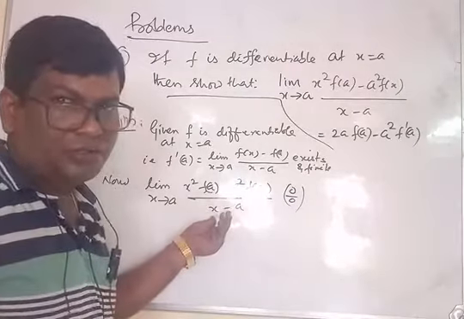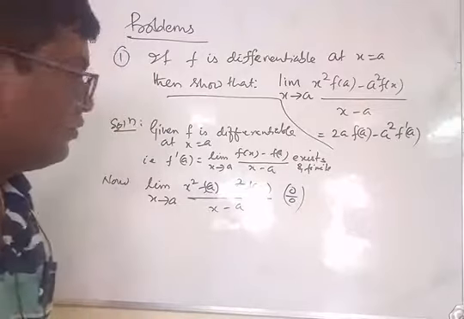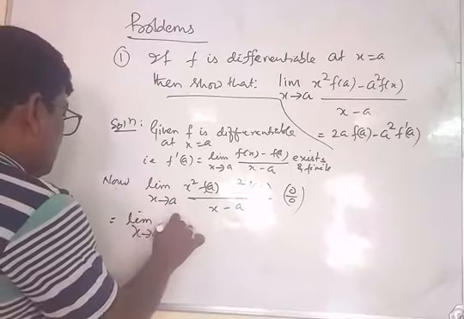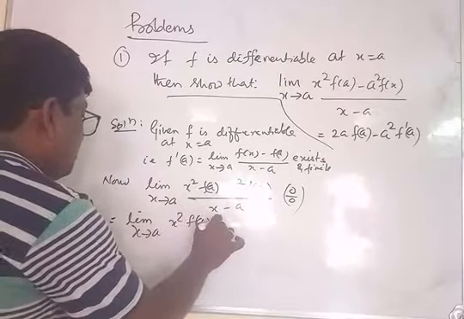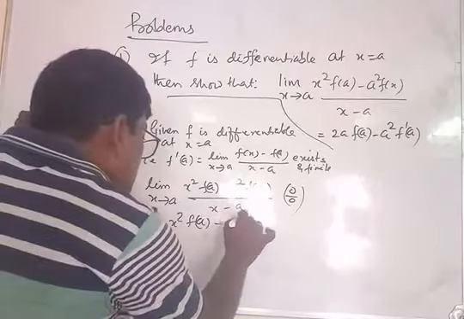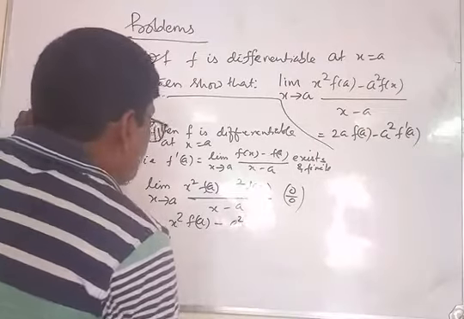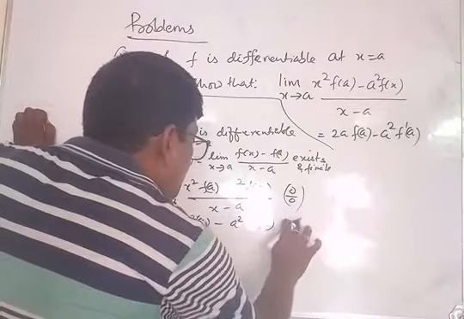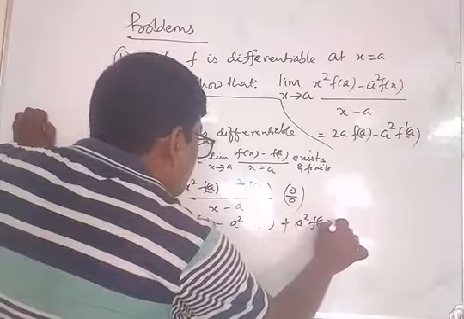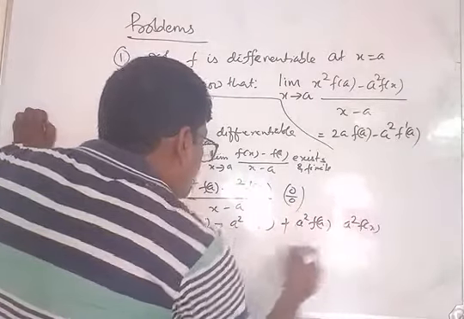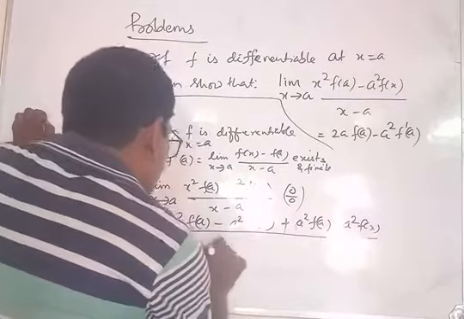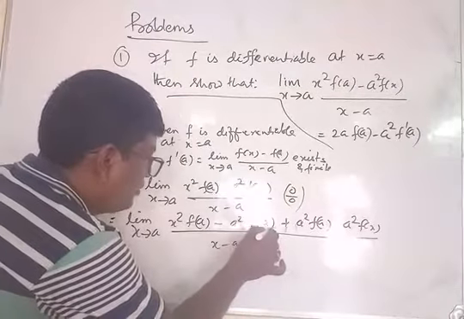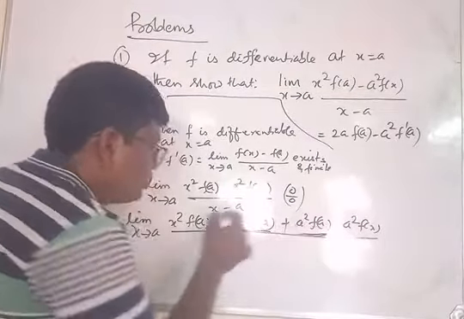So we try to cancel the term x − a. We can write limit x tends to a of (x² f(a) − a² f(x)) divided by (x − a). Here we subtract a² f(a) and also add a² f(a) to balance.